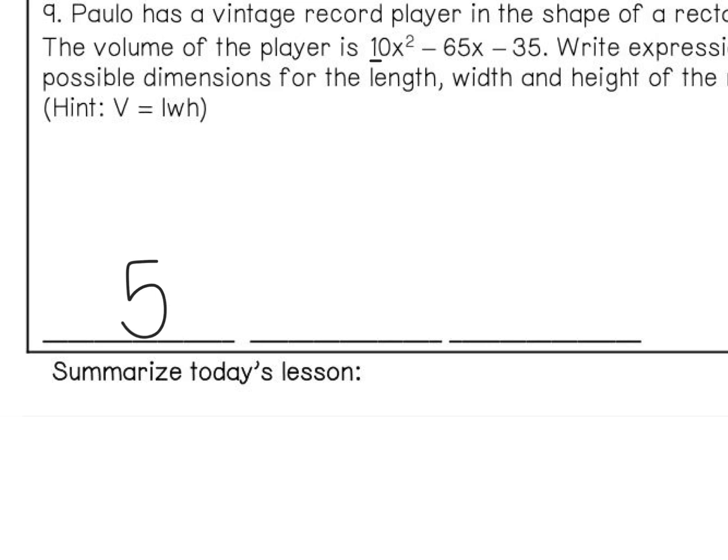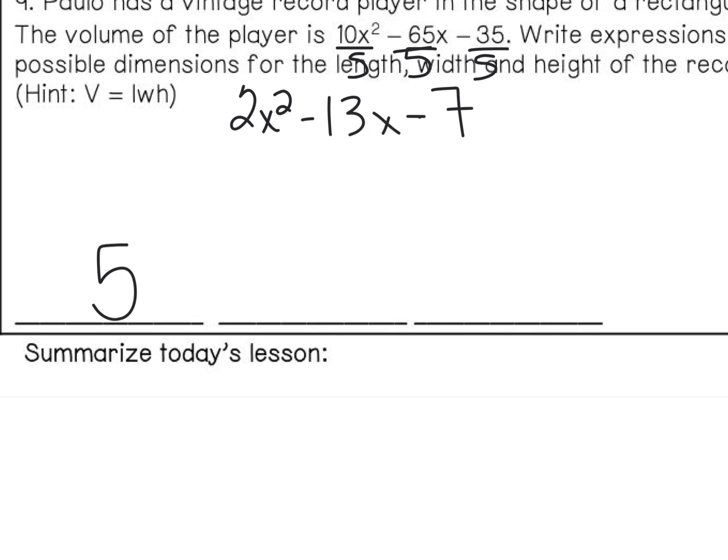So if I take and I divide all these by 5, now I've got 2x squared minus 13x minus 7. What's after taking out a GCF? The box. Draw your box.